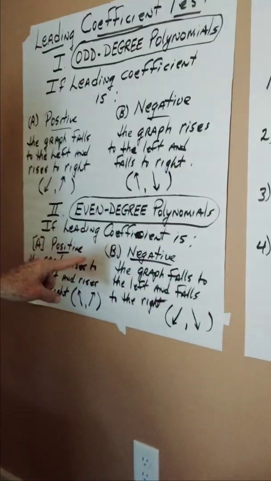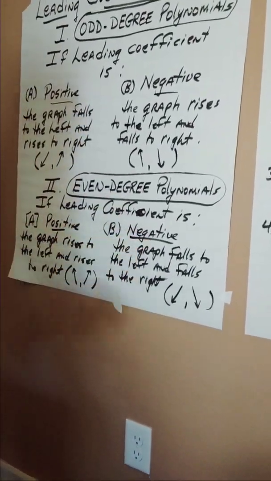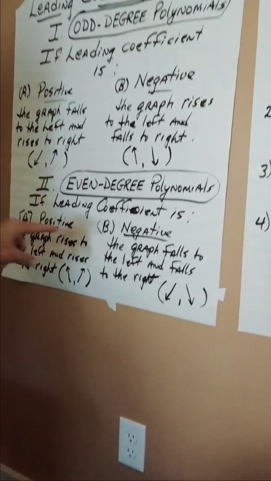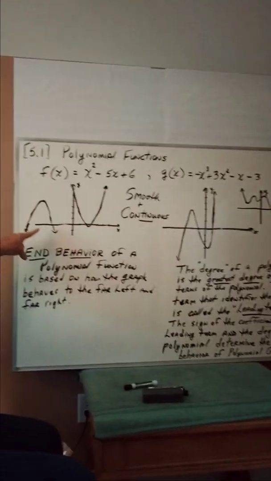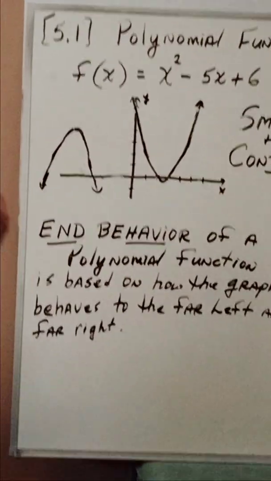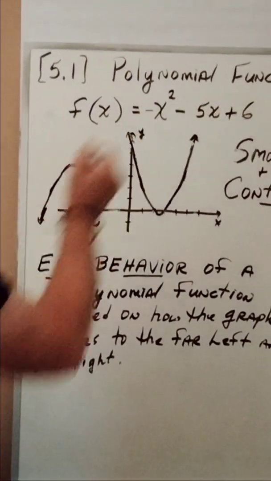And if the leading coefficient for an even degree polynomial is negative, they will have the same behavior. But in this case, the graph will fall to the left and fall to the right. This little puppy right here. Let's just say I change this one. This graph would not be the graph of this one if I changed it to this.